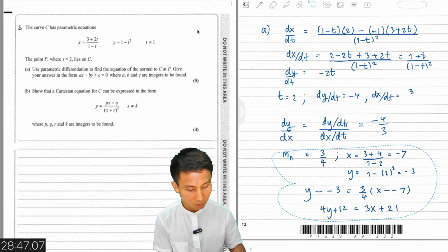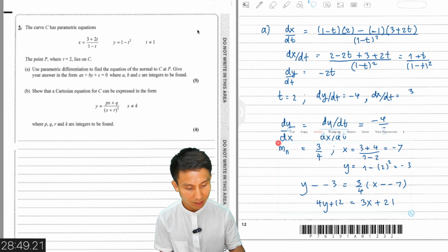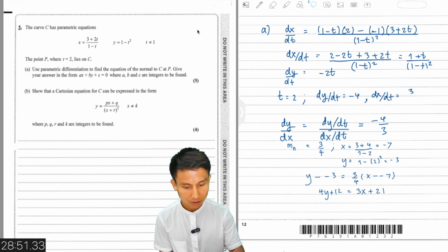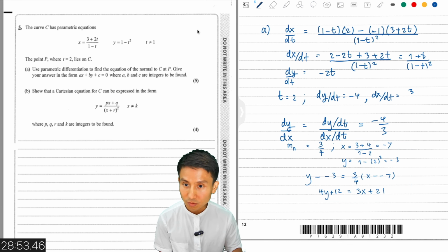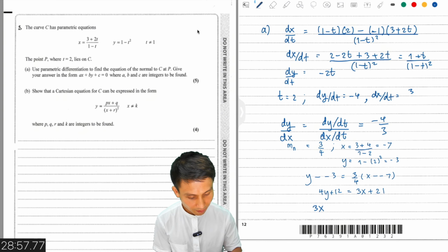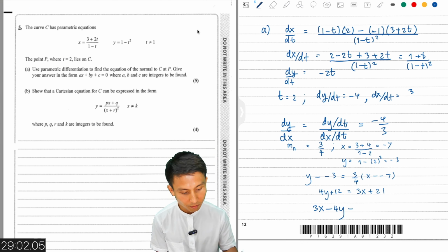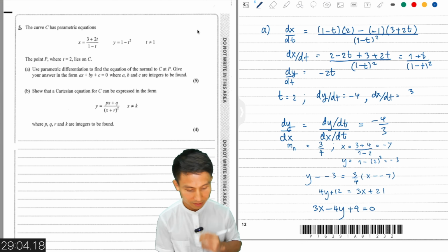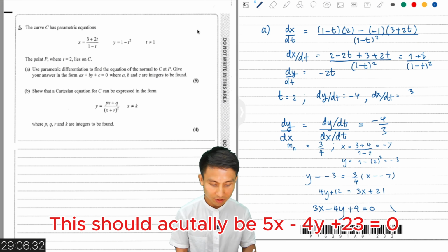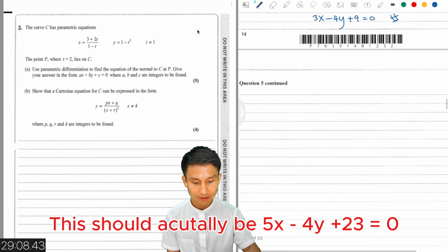So my linear equation would be, we've got to do everything on the same side, right? So 3x minus 4y, and then 12 subtract 21, we get plus 9 on the other side. Yeah, so that is just it for part A.